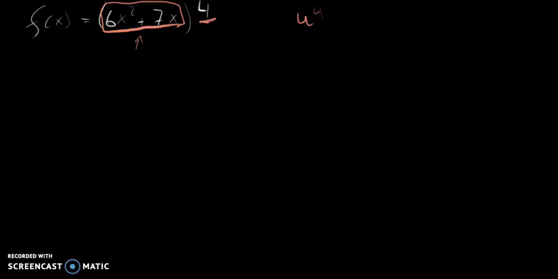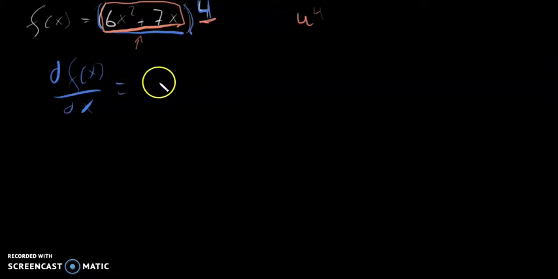What do we do now? Okay, what we're going to do is then we're going to take the derivative. And how do we take the derivative of this? Essentially, for taking the derivative here, we use the power rule, right? Because this right here is just a power expression with an inner function right there.